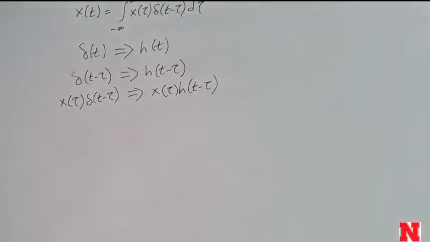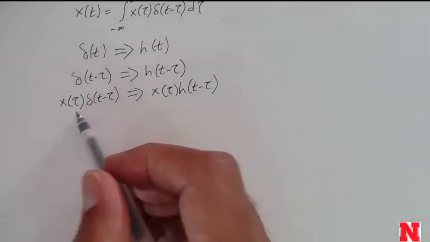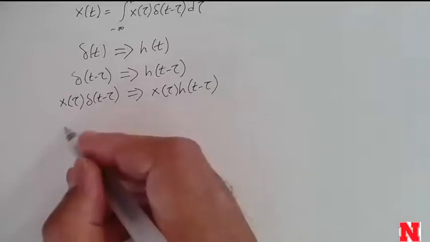Okay, and finally, I use, again, the property of a linear system, which is if I take a sum of inputs, then the output is going to be the sum of the corresponding outputs. But because this is continuous time, instead of a sum, I'm going to take an integral.